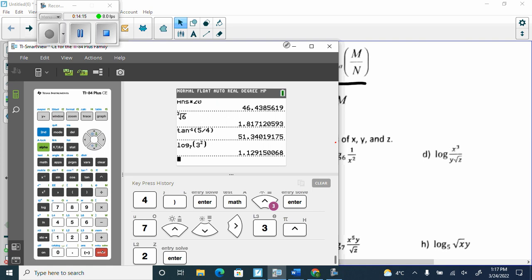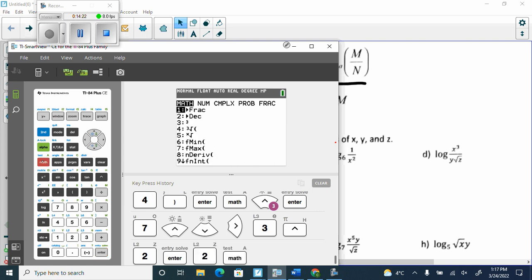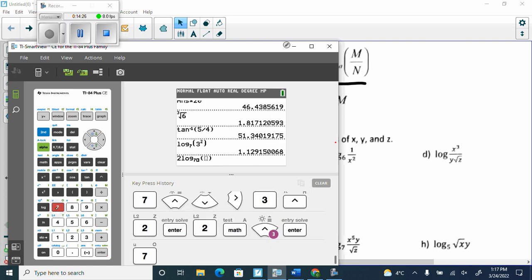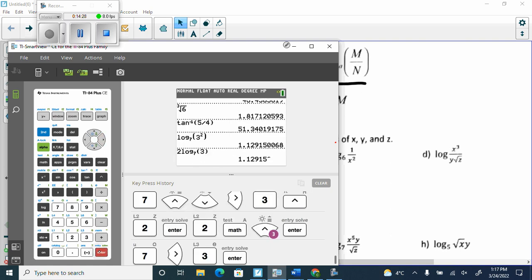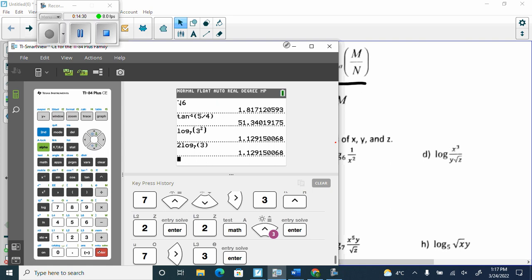I could take the 2 and drop it in front. So I could go 2 log base 7 of 3. It's the exact same answer. That's why the rule works. Do you see that? So the exponent can stay up, or it can drop in front. There are situations where we're actually going to want to move it, but it's also sometimes just to match the answer they have in the multiple choice.